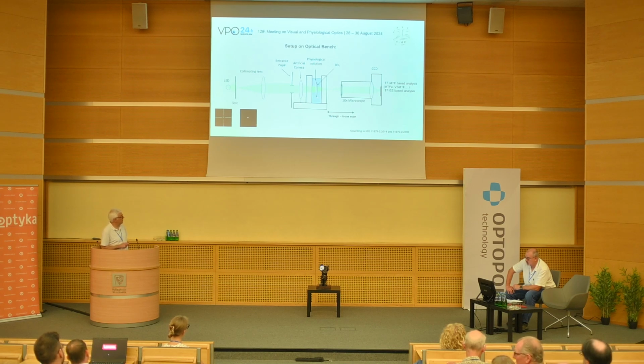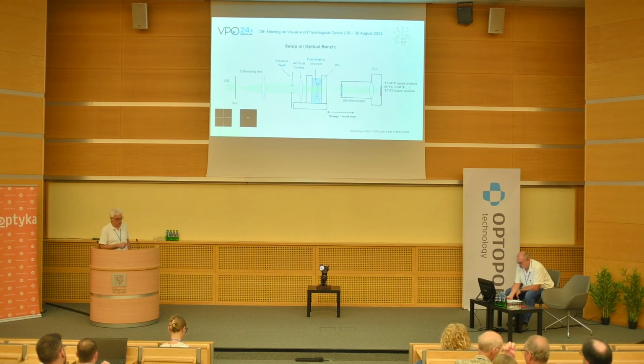We put an IOL in the physiological solution and get the aerial image with an optical system, where we can then move to focus and get through-focus curves, as we have seen. We can measure MTF-based analysis or energy efficiency-based analysis, as we will talk about now.